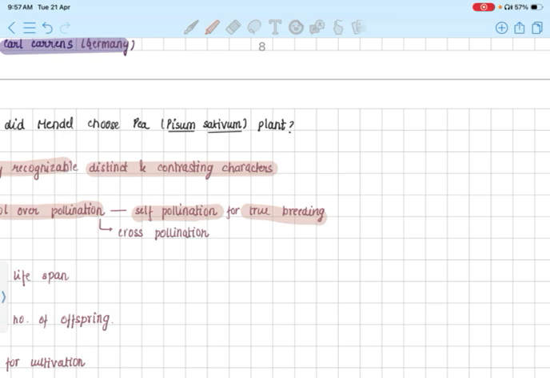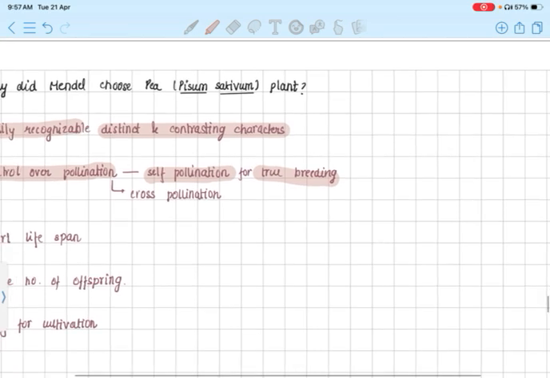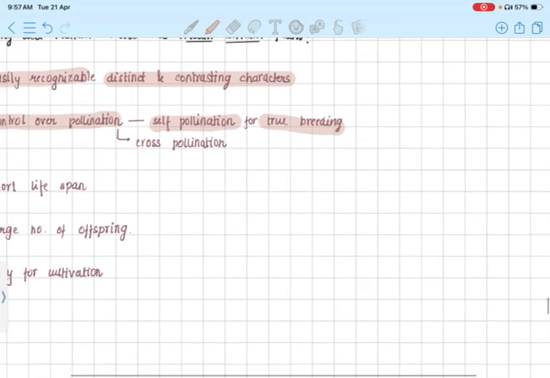When there is no cross pollination, only pure self pollination, the plant will always be tall. And if the plant is dwarf, with no cross pollination, the plant will always be dwarf. This self pollination is called true breeding, in which there is no mixture of any other gene; they are pure lines.